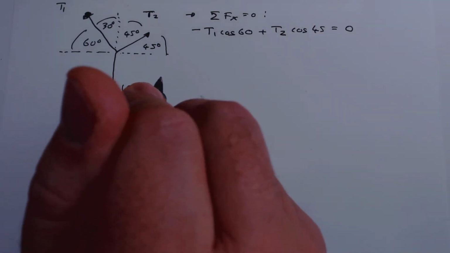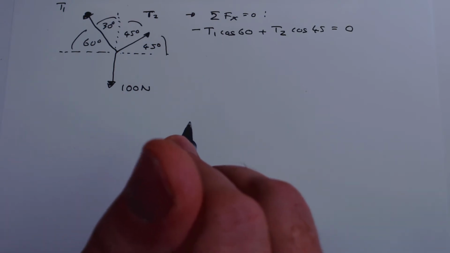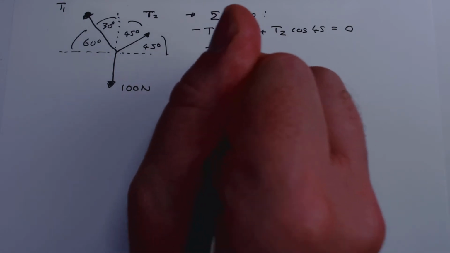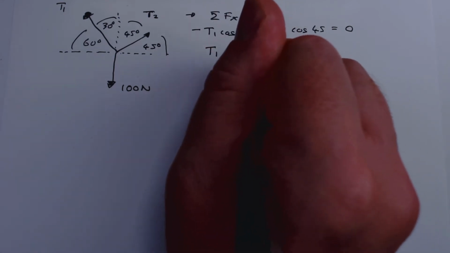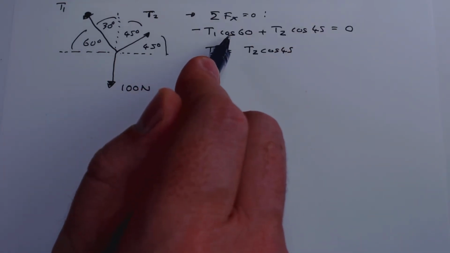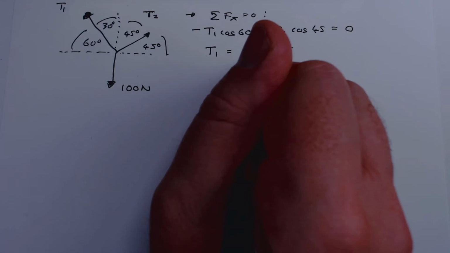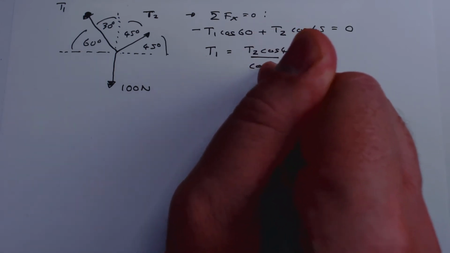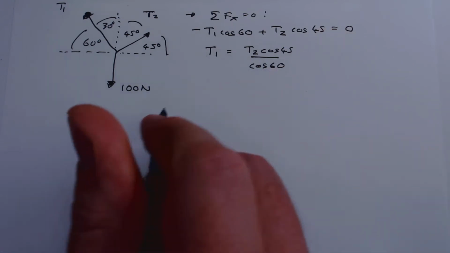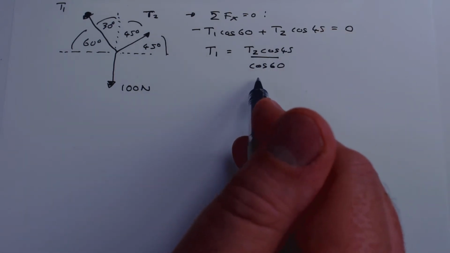equals 0. So I've got to let something equal something, so I will let T1 equal T2 cos 45, and then I need to divide through by cos 60 to get T1 by itself, so cos 60. Right, so I've gone as far as I can with this.